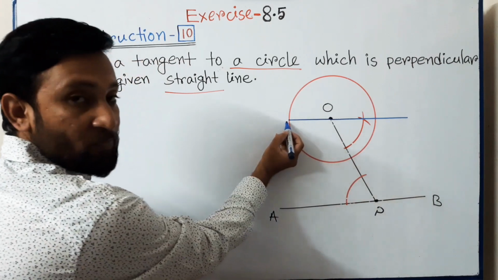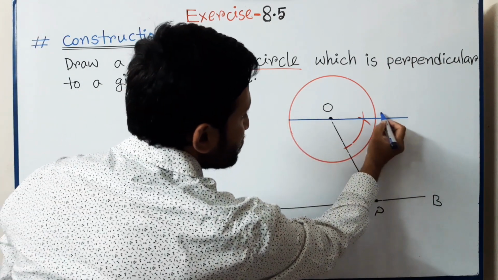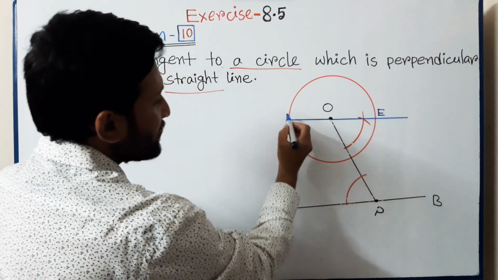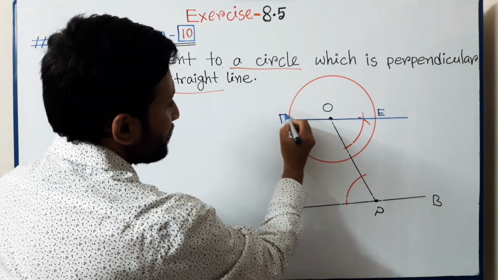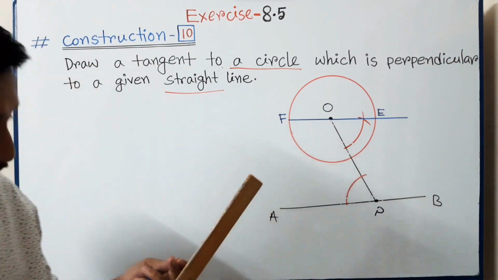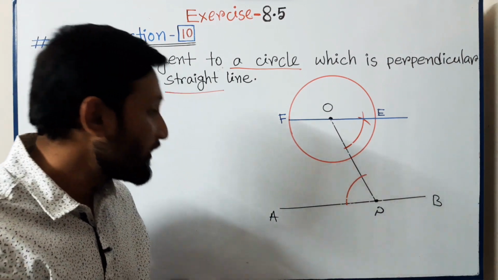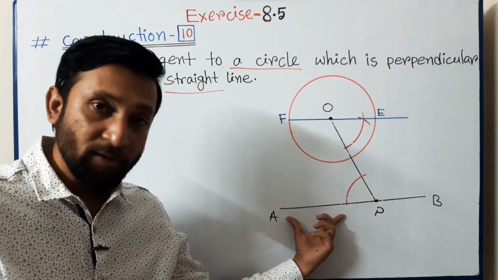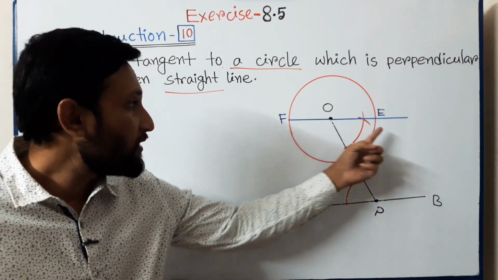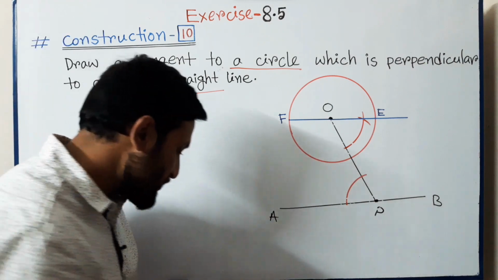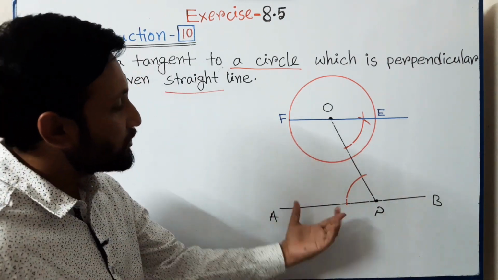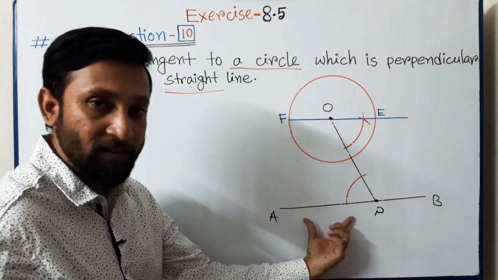Mention this point as E and this point as F. So now we have to draw tangents on this circle which are perpendicular to this straight line AB.